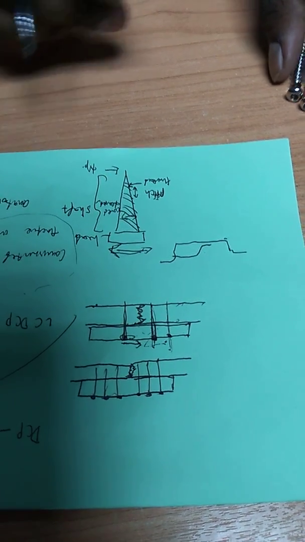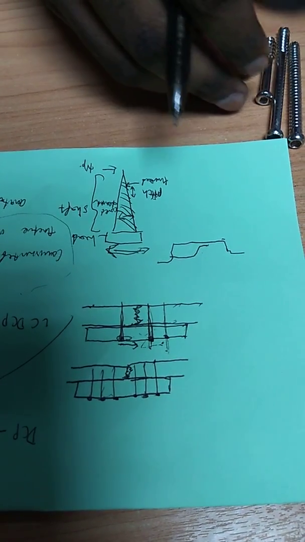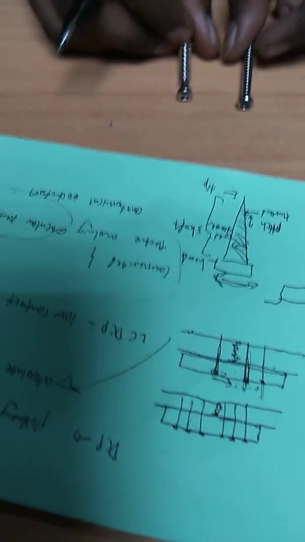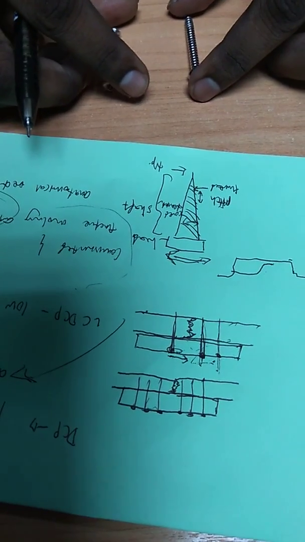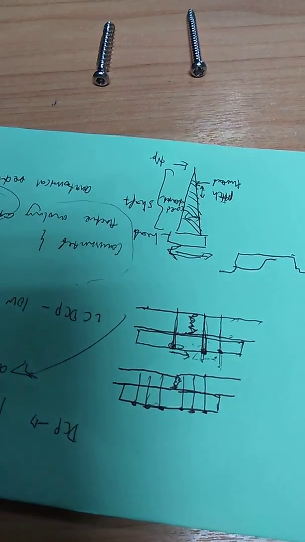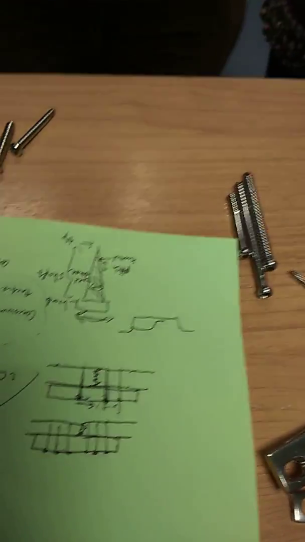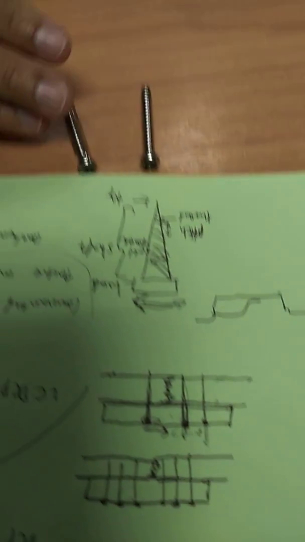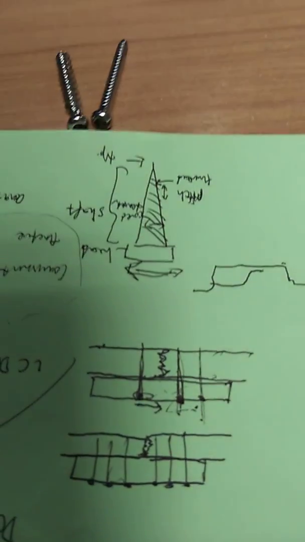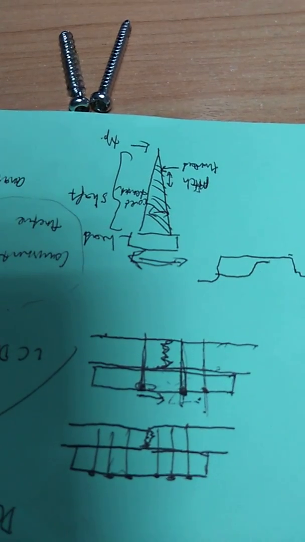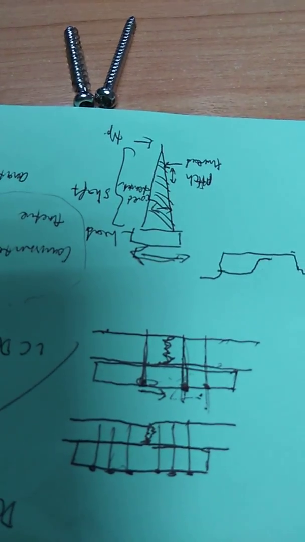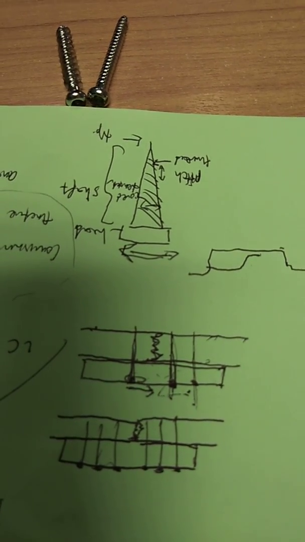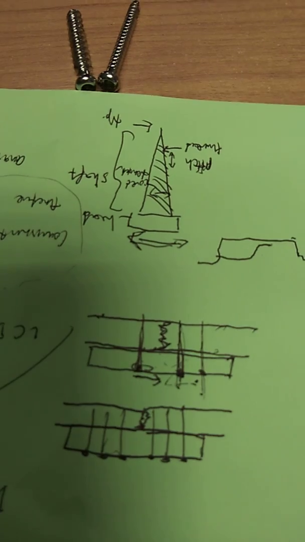Okay? So can anyone tell me the reason why your cancellous screw has a bigger pitch compared to your cortical screw? Because your cancellous bone is soft. It's more porous compared to your cortical bone, which is more dense.